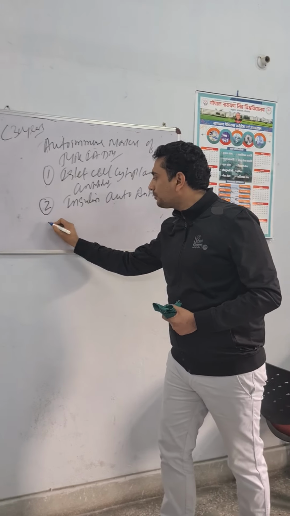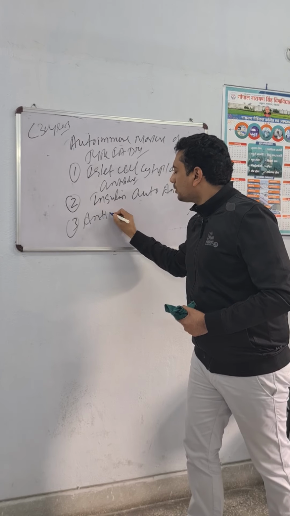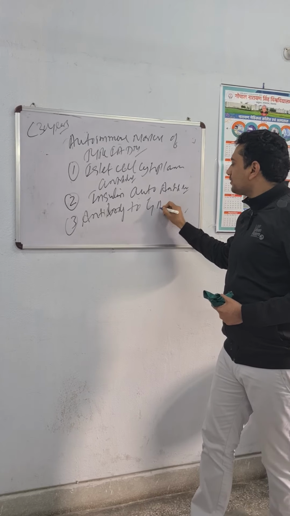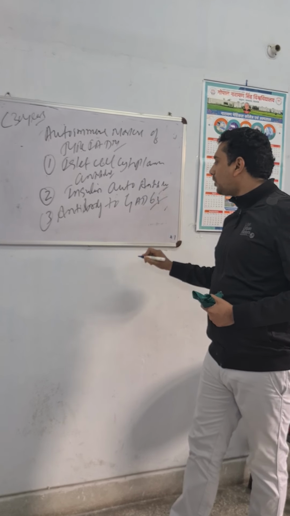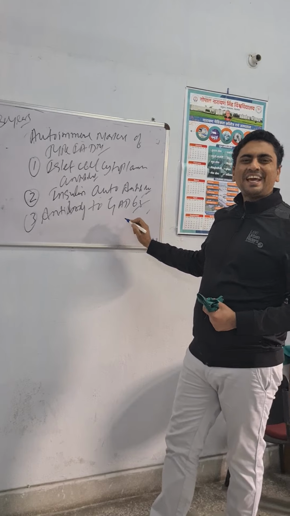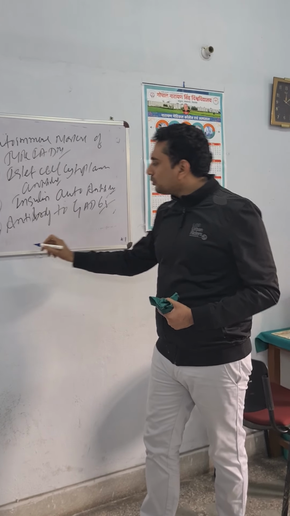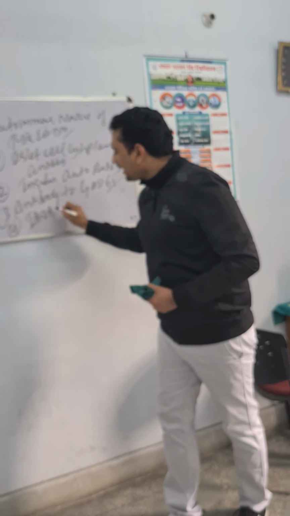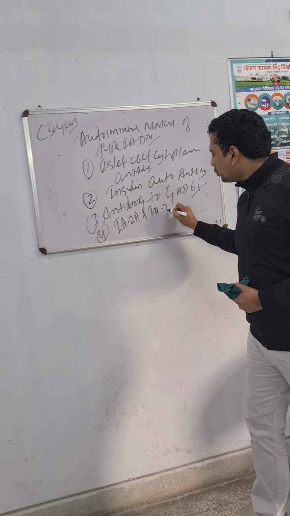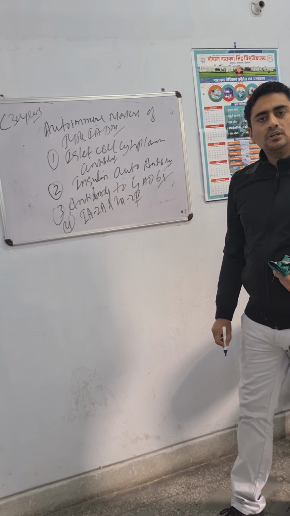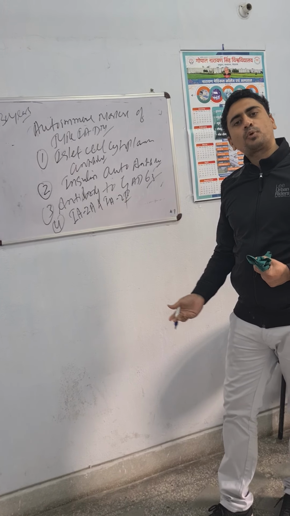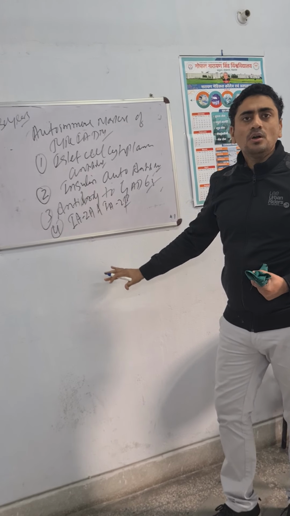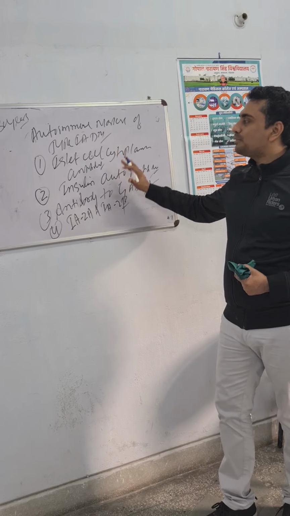There could be presence of antibody to GAD65, that is an isoform of the enzyme glutamic acid decarboxylase. There could also be the presence of IA2A and IA2-beta in the serum of the individual prone to develop type 1 diabetes mellitus. So these all are the autoimmune markers of type 1A diabetes mellitus.